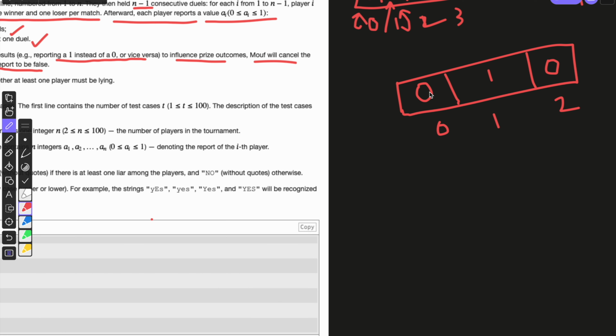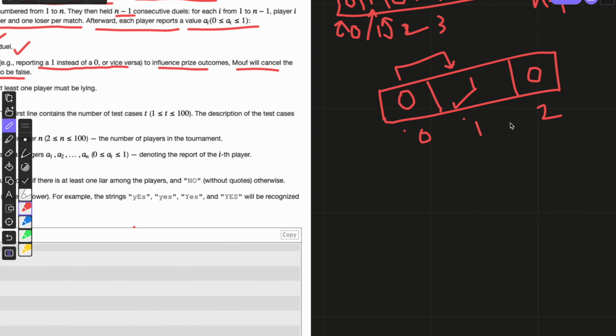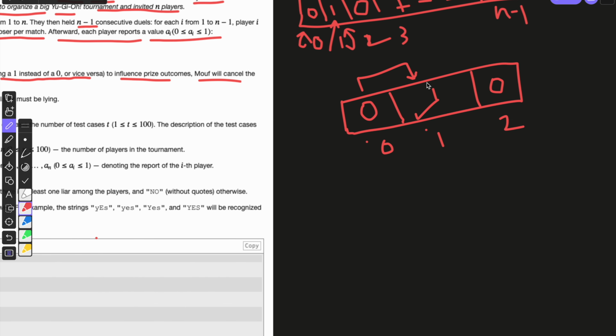Let's look at player 0. Player 0 will be fighting with player 1. By seeing both of the entries, first as 0 and then as 1, it is clear that player 1 has won the game. So that is okay. That can be the scenario.